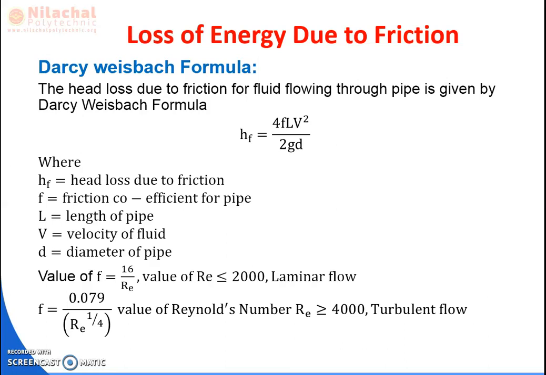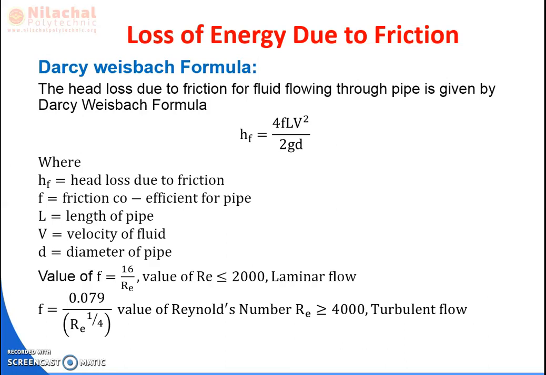If the Re value is greater than 4000, that is turbulent flow, then f is equal to 0.079 divided by Re to the power 1 by 4, where Re is known as the Reynolds number. Reynolds number is given by the formula V d by nu, where V is the velocity of the water, D is the diameter of the pipe, and nu is the kinematic viscosity of the fluid.